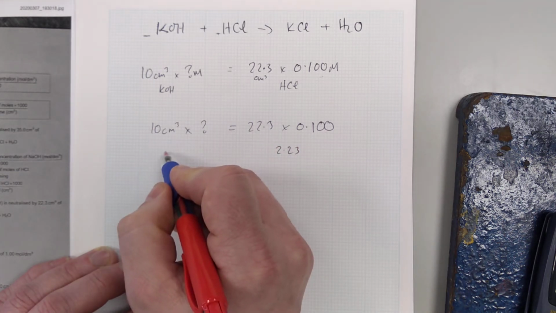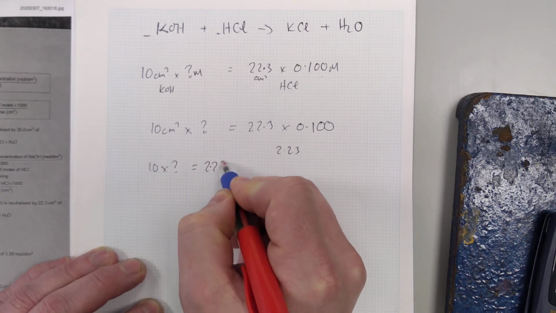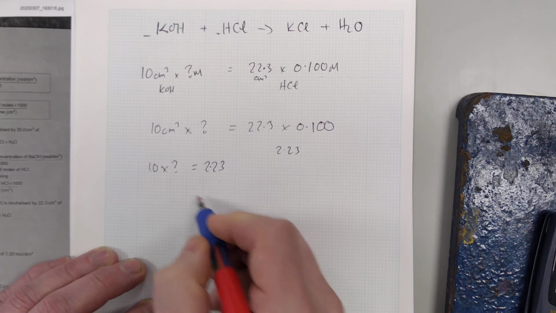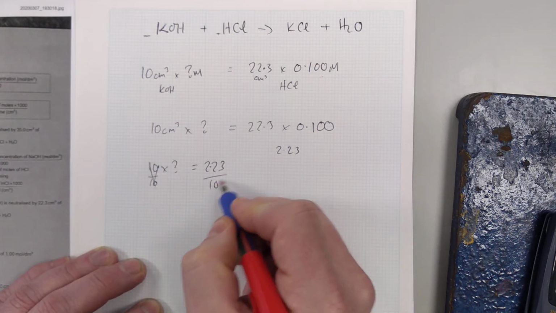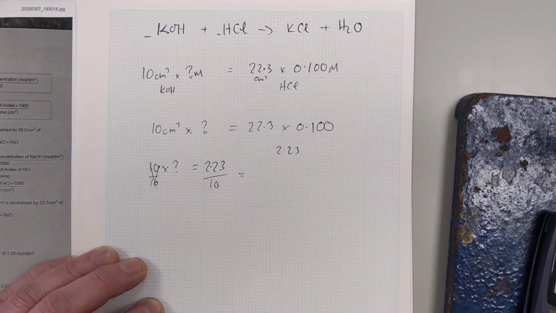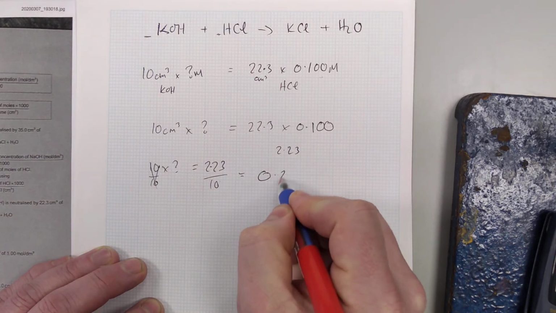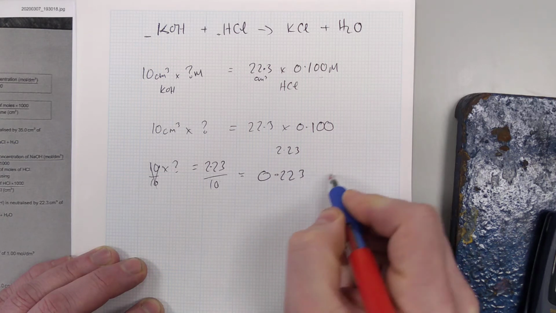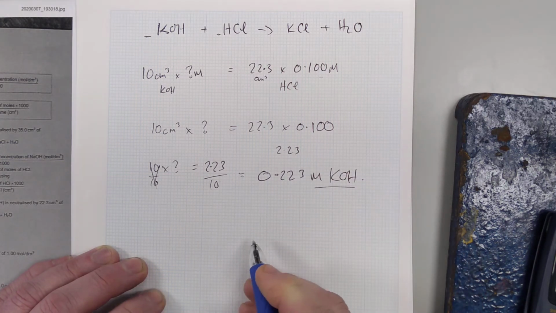So what we've got is 10 times unknown equals 2.23. So we rearrange that. We divide everything by 10, and that would give us our unknown. So 2.23 divided by 10, we're actually down to 0.223. And that would be the molarity of the potassium hydroxide.